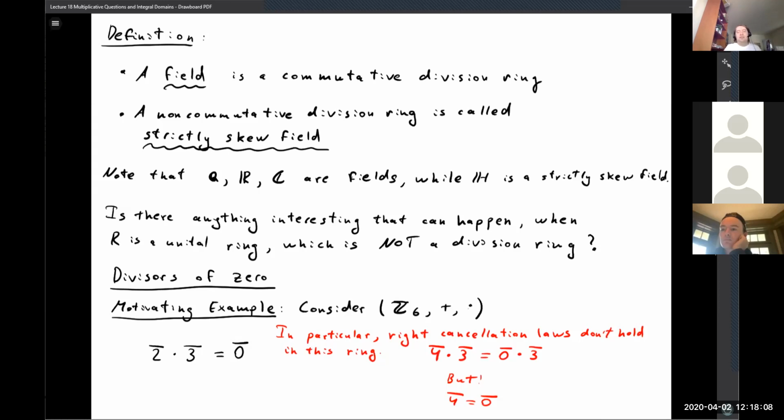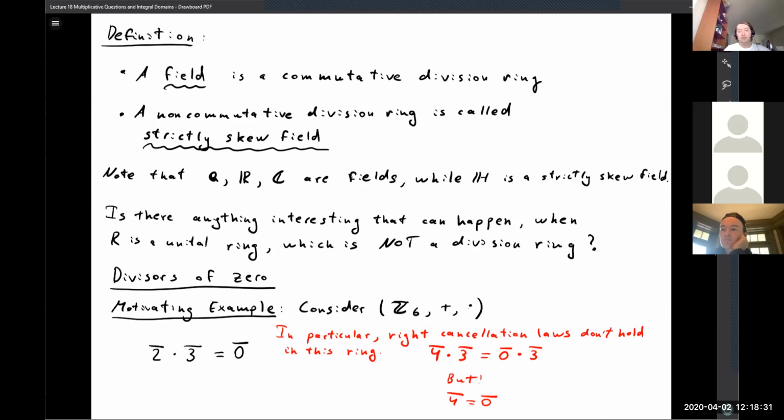So when every non-zero element had a multiplicative inverse, we got used to thinking that the cancellation laws hold. That's precisely because we take this multiplicative inverse and multiply the equation on both sides by it. But when the elements are not invertible, interesting things start happening.